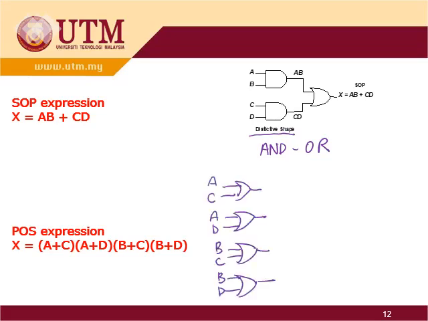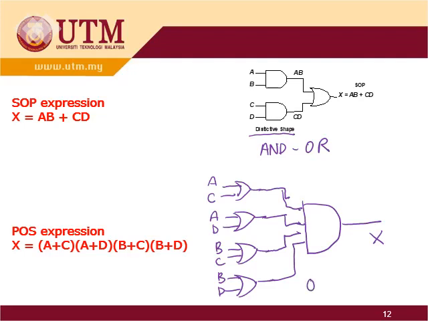For simplification, I just draw a different wire for the same input. Then I combine everything to a very huge AND gate. So this is also our X.